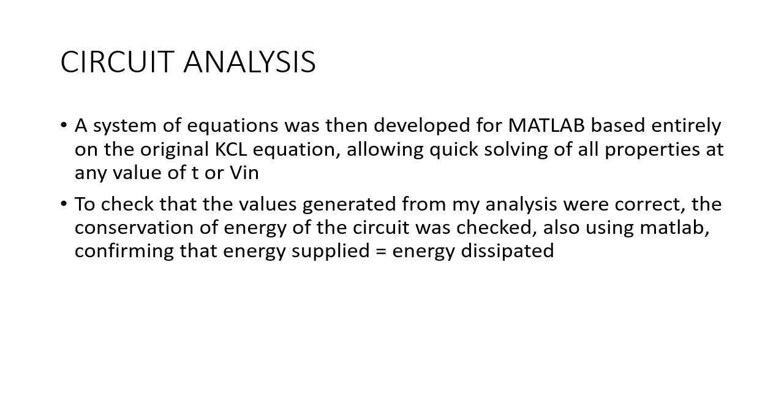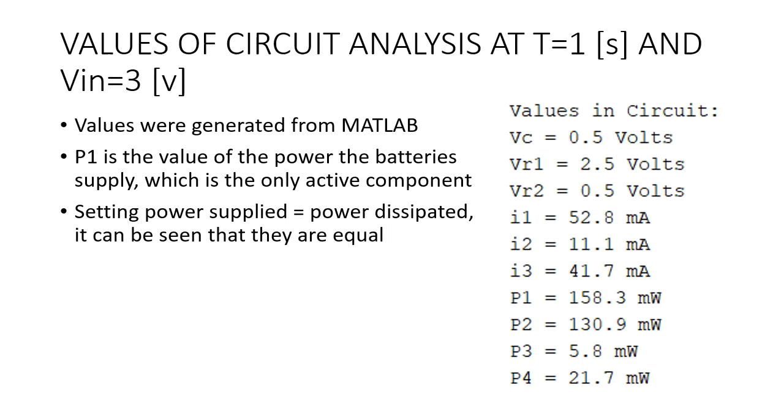To check that the values generated from my analysis were correct, the conservation of energy of the circuit was checked, also using MATLAB, confirming that energy supplied is equal to energy dissipated. Over here are the values generated from MATLAB for t equals 1 and Vn equals 3 volts. You have all of the voltages and all of the currents, and then you have P1, P2, P3, and P4. P1 is the power supplied by the batteries.